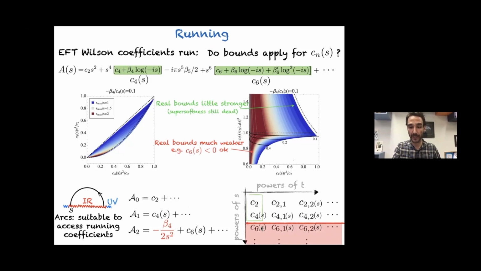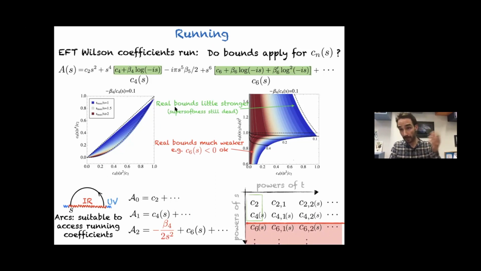But indeed, anything that involves C6 will be plagued by this contribution. Now, the bounds up here, in fact, they become a little bit stronger, but not very much, because here you're very close to the cutoff already, so this is not really an effect worth discussing.